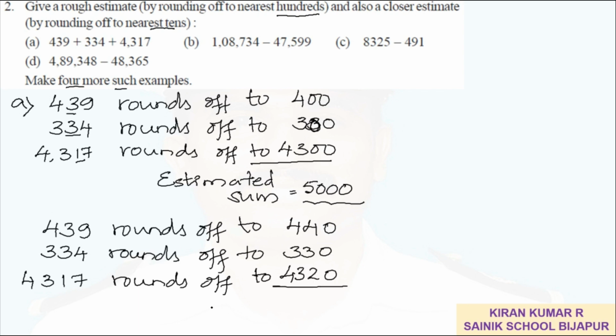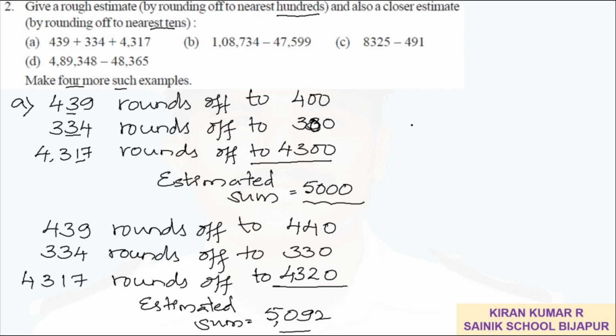Now you find the sum. The estimated sum is the sum of 440 plus 330 plus 4,320. It becomes 5,090.